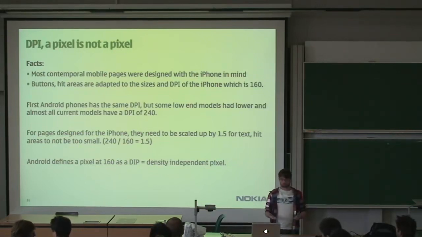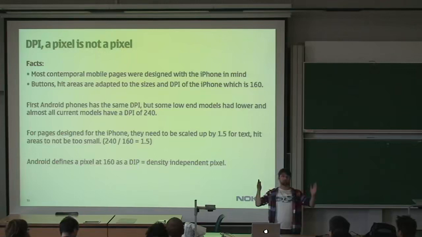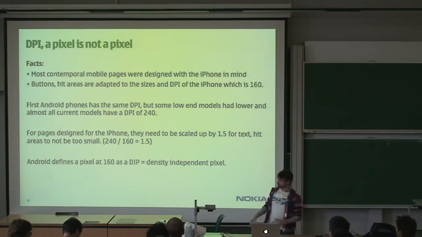This is how it's going to work. If you look at, for instance, Firefox on the Nokia N900 or other Android devices with DPI 240 or beyond, they actually scale up the content. So if you had a 320 page, you actually scale it up by 1.5, like 240 divided by 160.